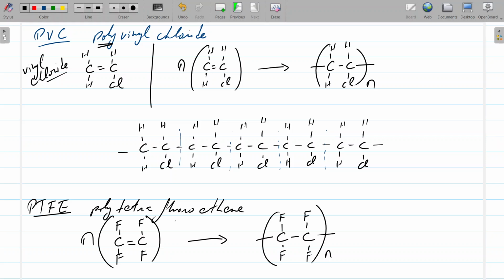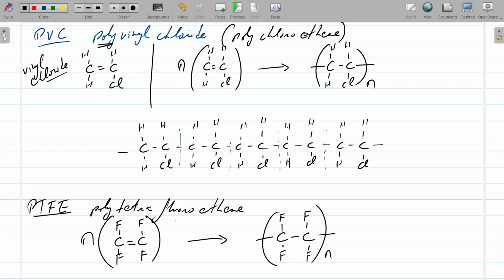So PTFE or polytetrafluoroethene, or PVC, polyvinyl chloride, which is also known as polychloroethene, which makes more sense. It's an ethene molecule with a chlorine, so chloroethene, but it's also called vinyl chloride.